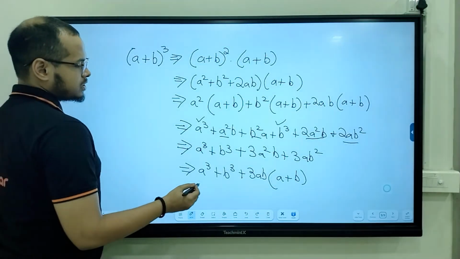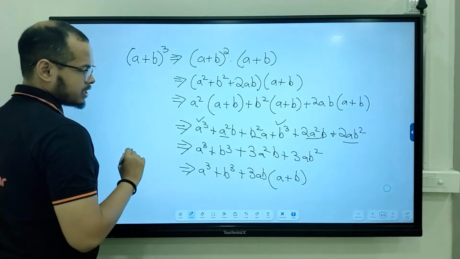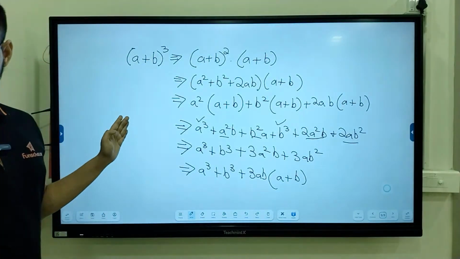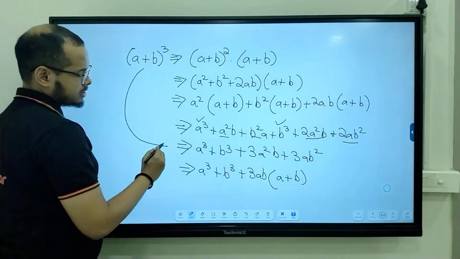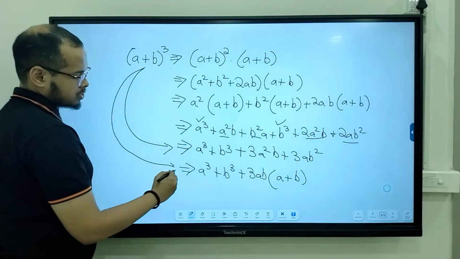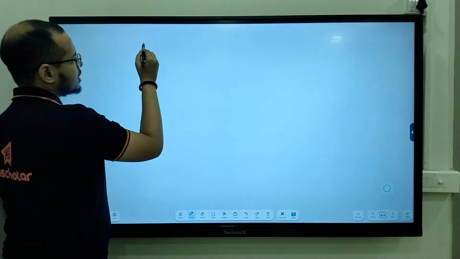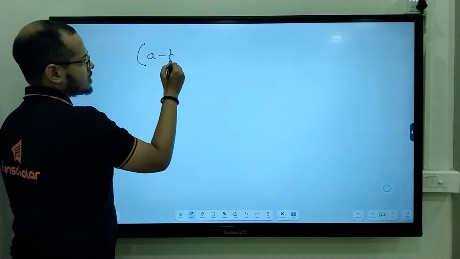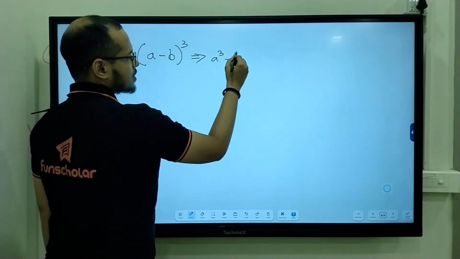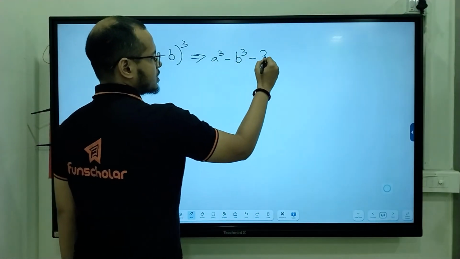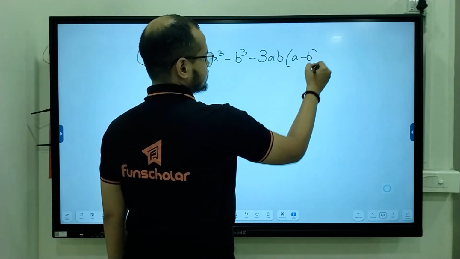This is how we found out the formula for (a plus b) whole cube. From this we can write the answer as this as well as this, because both of them are the same. Now for the second portion, I'm not going to write everything: (a minus b) whole cube can directly be written as a cube minus b cube minus 3ab(a minus b).